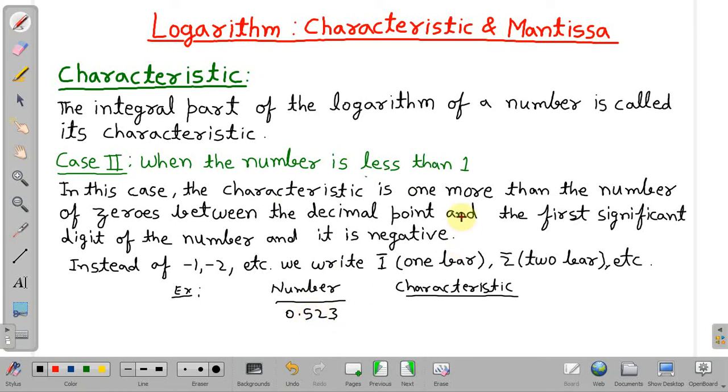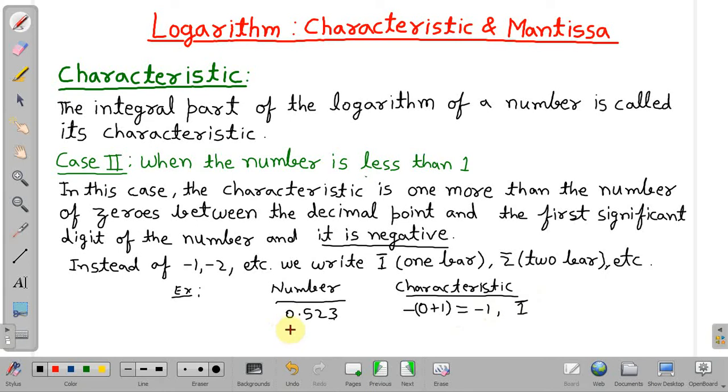So what we have to do is add 1. So it is 0 plus 1, but it should be negative. You notice this one. So minus of 0 plus 1, so minus 1, but we write the characteristic as 1 bar. We should not write minus 1, we write 1 bar.